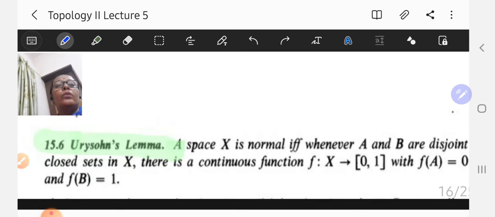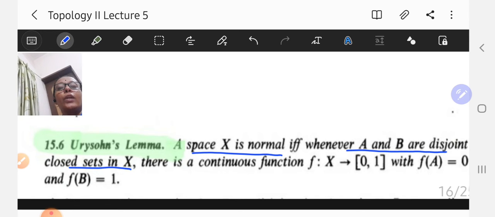Now in Urysohn's lemma, the space X is normal. And again, for the definition of normal, we take two disjoint closed sets. For this lemma, a space X is normal if and only if whenever A and B are disjoint closed sets in X, then there exists a continuous function f from X to I, the closed interval 0 to 1, with f of A equal to 0 and f of B equal to 1.